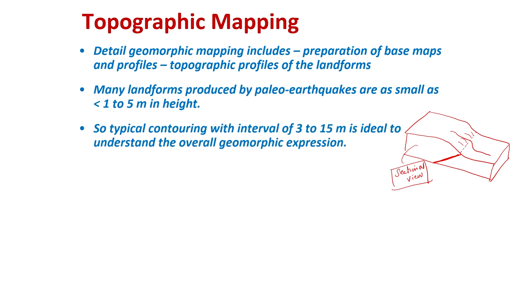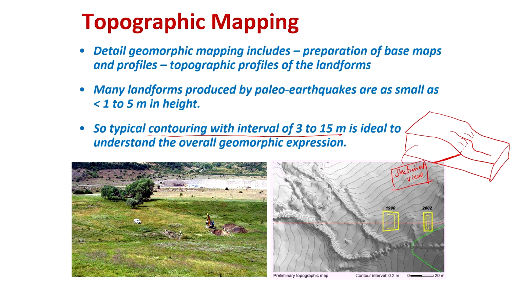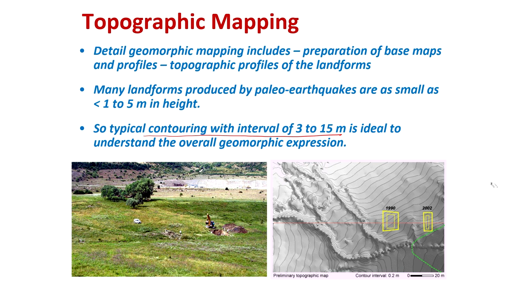So, typical contouring with an interval of 3 to 15 meters is ideal to understand the overall geomorphic expression. This topographic mapping will help us in generating this type of contour maps. For example, this is from the North Anatolian fault, where very detailed mapping was done, shown here on your right-hand side.